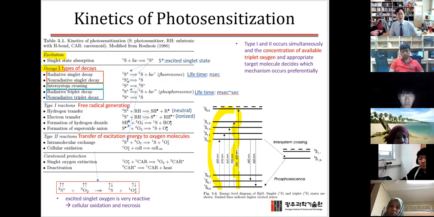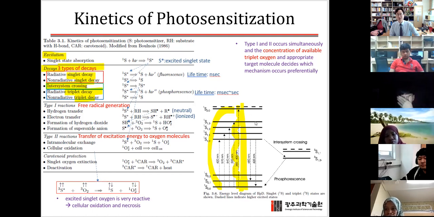For the decay process, there are 3 types: radiative singlet decay, non-radiative singlet decay, so either singlet decay, or intersystem crossing, or triplet decay. Singlet decay basically means it goes up and then goes down into the singlet state.